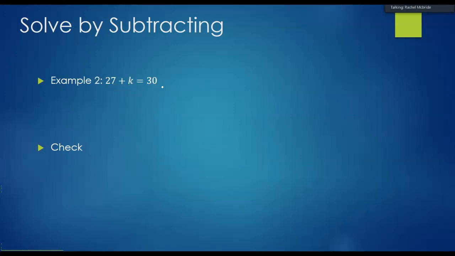Okay, 27 plus k equals 30. Luke, what do you think I do for this problem? Yes. I'm going to subtract 27 from 30. Okay, and what is 30 minus 27? Nevaeh, you got a calculator. What do you think?